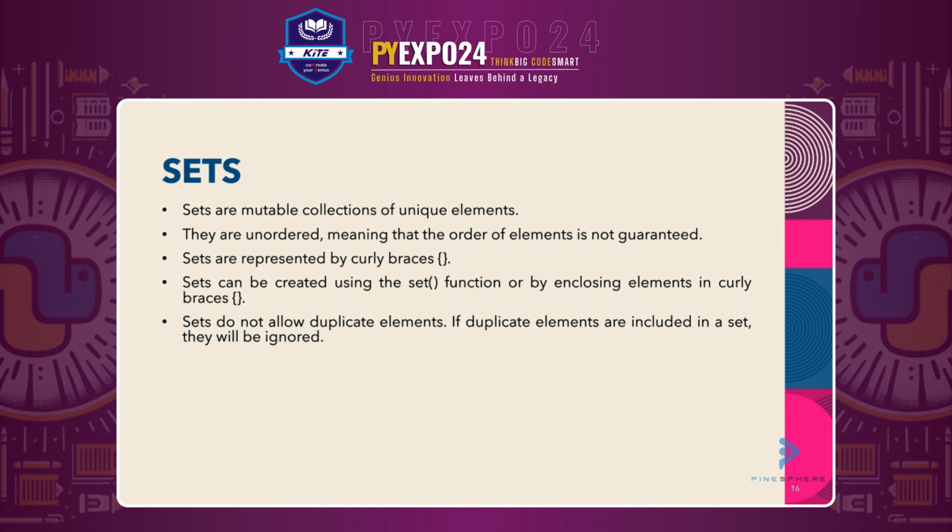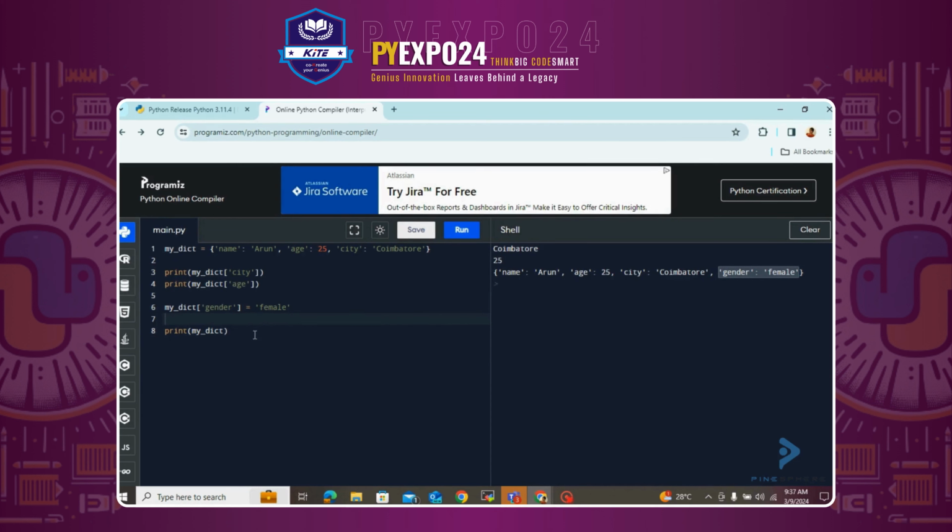Sets can be created using the set function or by enclosing elements in curly braces. It is useful for various operations like finding unique elements, union, intersection, difference, and it can be used to eliminate duplicate elements from lists. We'll see an example for sets also.